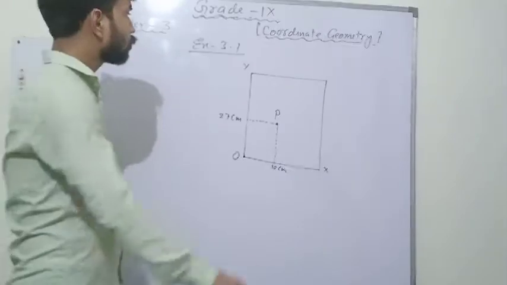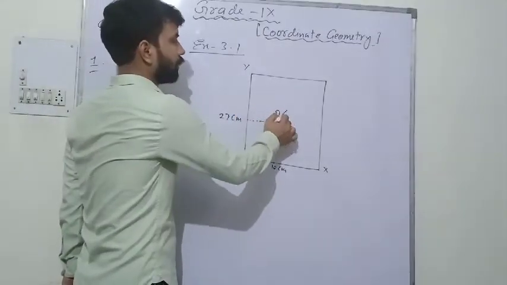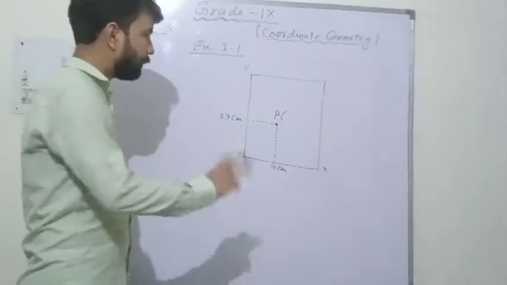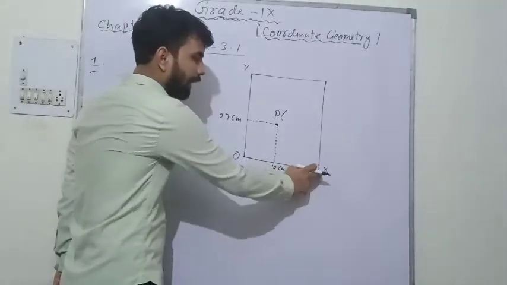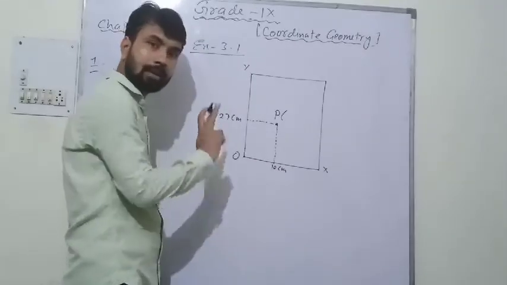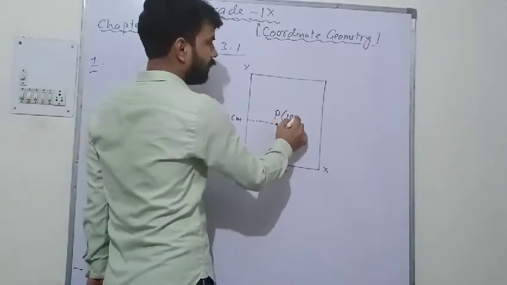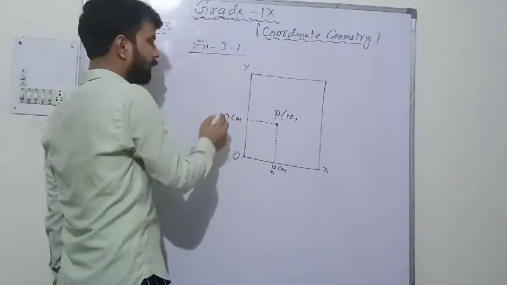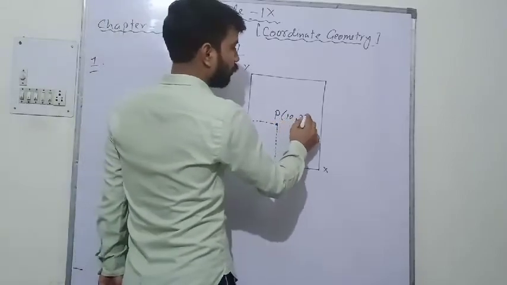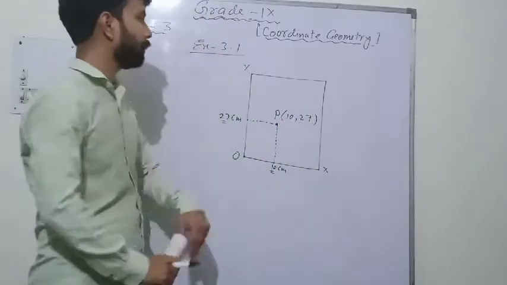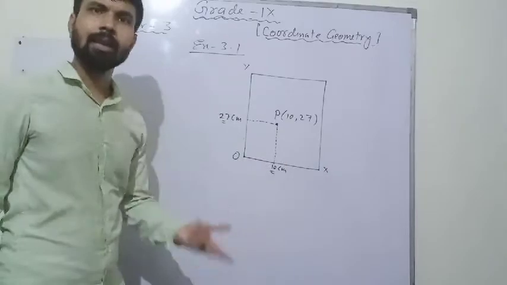Clear? So for the position of this point, we will have to note the x point first and the y point second. On the x-axis this point is how much? 10, comma, this y point is 27. So the position of this table lamp can be 10, 27.